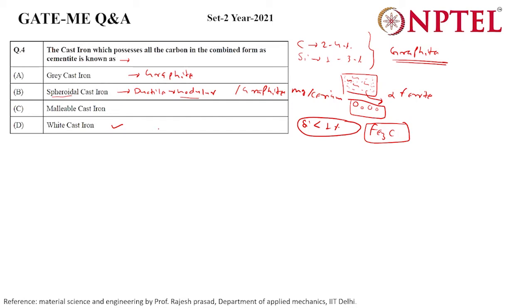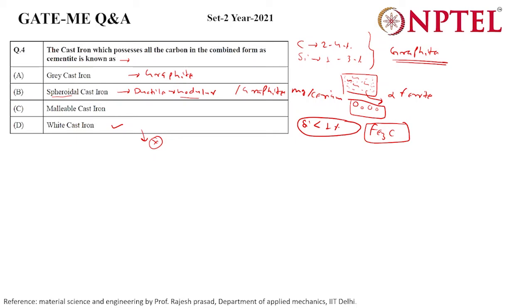White iron, where Fe3C exists, is very brittle, so it is not of much practical use. It is an intermediate stage. From here we generally heat the white cast iron at 800 to 900 degrees Celsius.